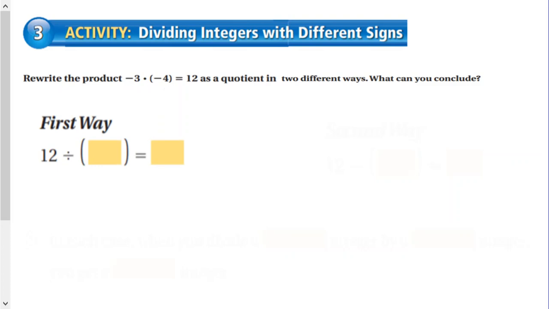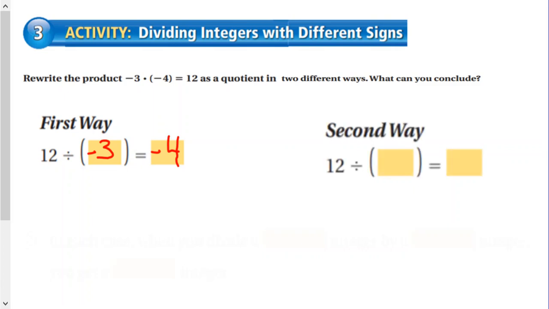We'll start with negative 3. 12 divided by negative 3 is equal to negative 4. 12 divided by negative 4 is equal to, what do you think? If you think negative 3, you are exactly right. 12 divided by negative 4 is equal to negative 3.